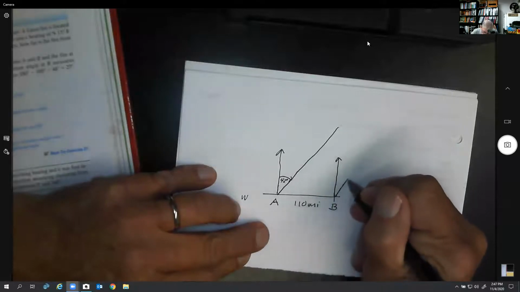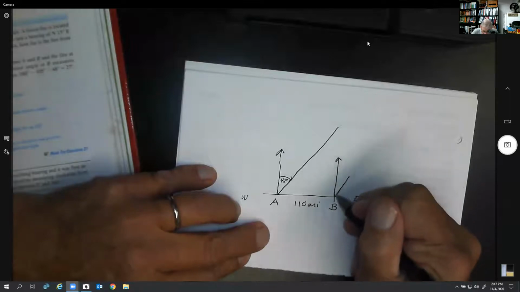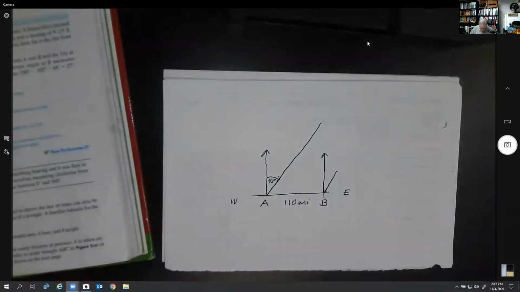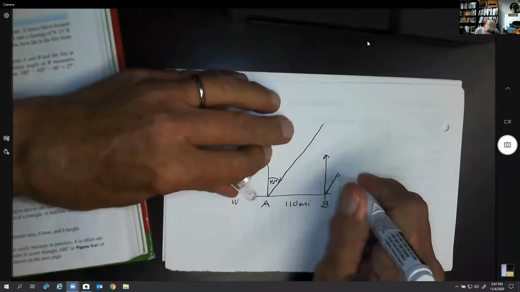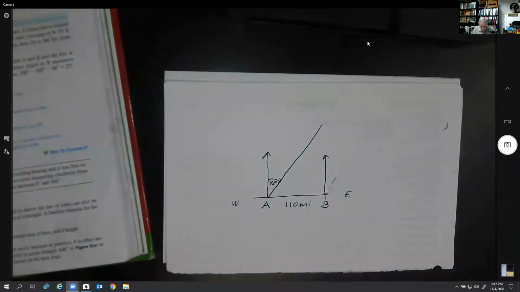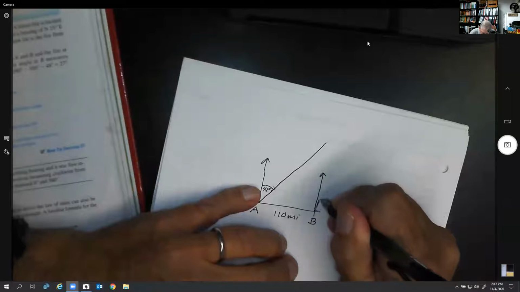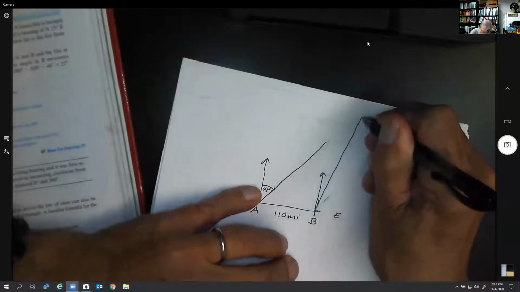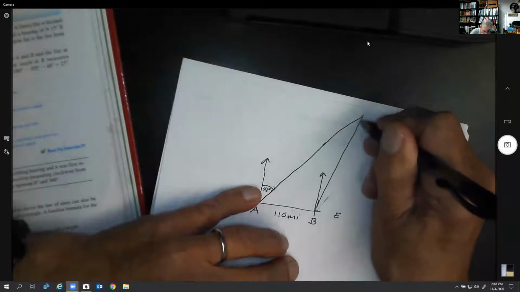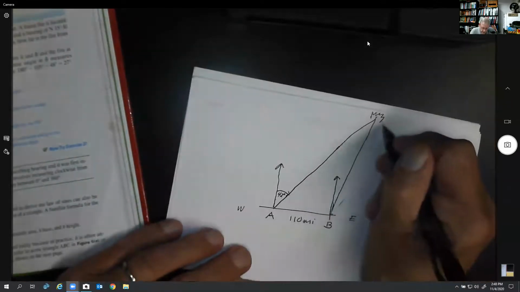So maybe I should have made this a little smaller. Let me erase this, because we wanted the lines to meet someday. This one's going to be kind of tight, so we'll make it kind of steep. Right here is the fire. Okay, this would be C.